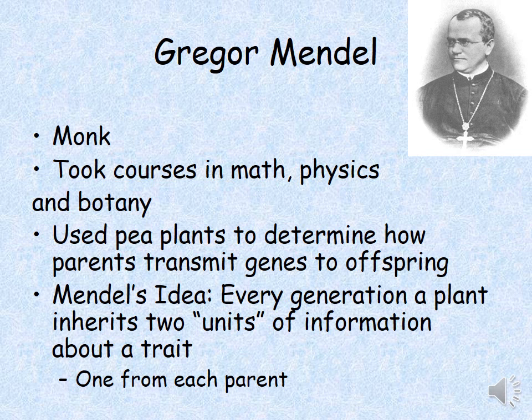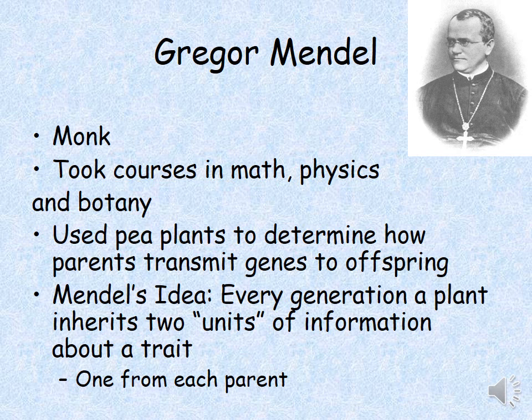Gregor Mendel was an Austrian monk, not Australian. He was a scientist. He knew his math, his physics, and his botany, and he used these things together and studied these physical traits. He looked at pea plants to determine how parents transmit genes to the offspring.